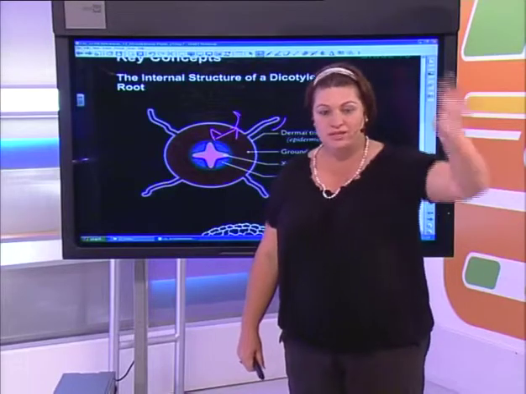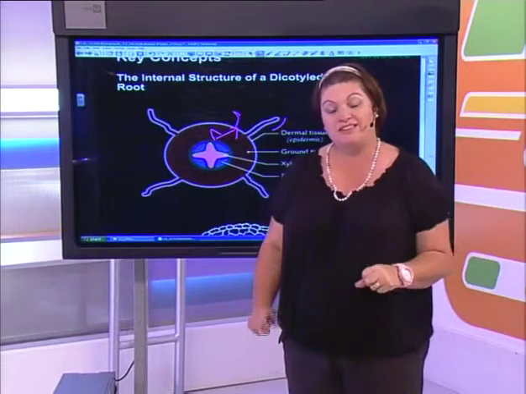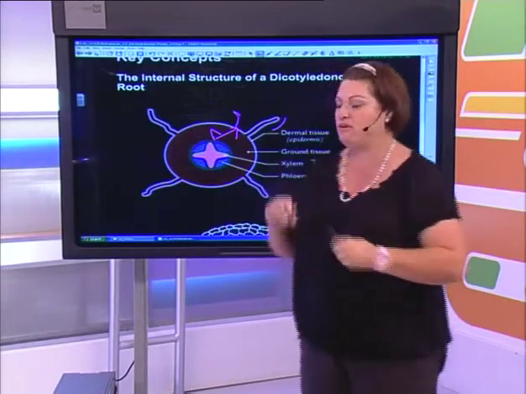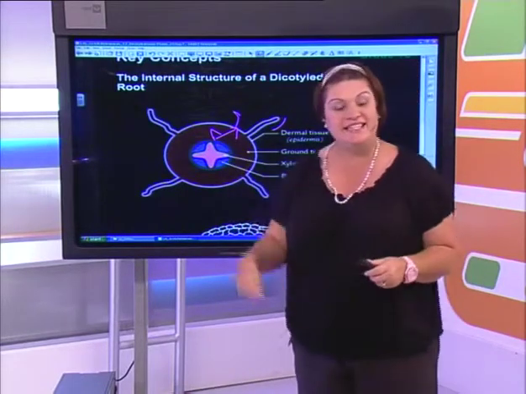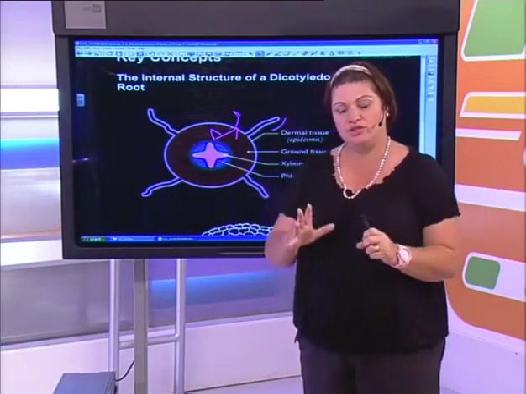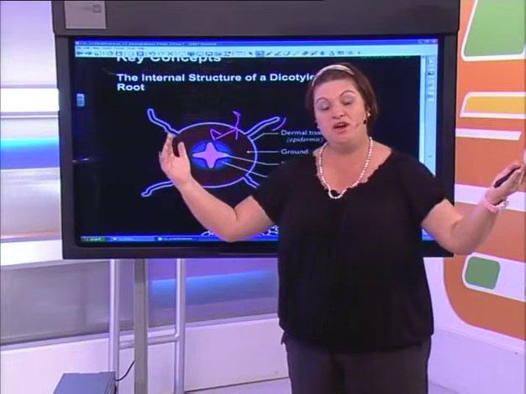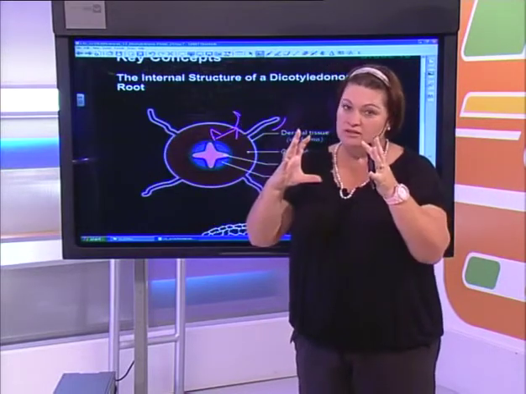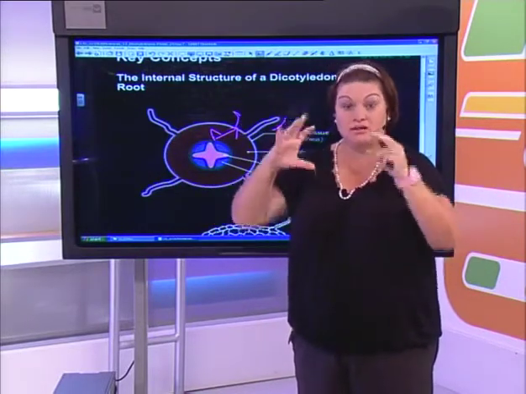The cortex is a large amount of tissue. Then right in the center, we are going to find our vascular tissue. So we've got epidermis on the outside, ground tissue or the cortex in between, and in the middle the vascular tissue.